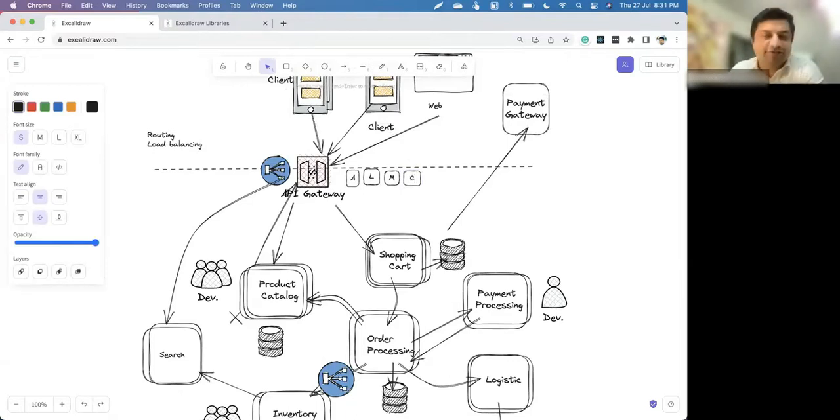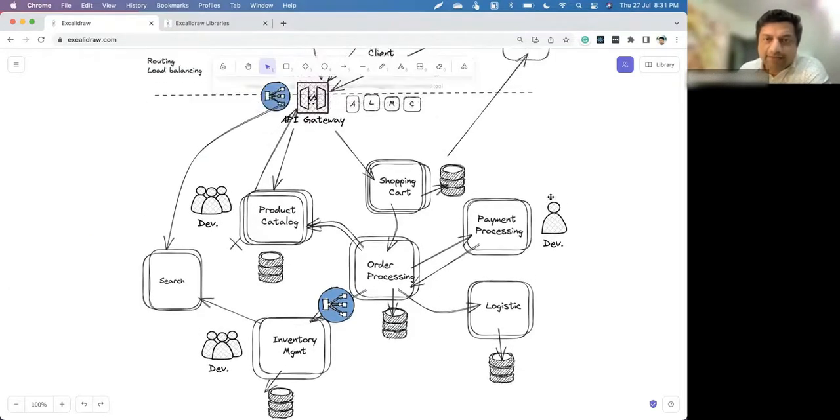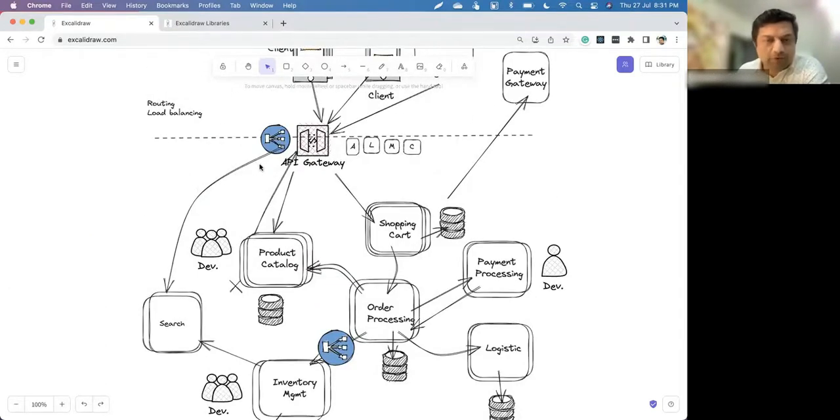With the API gateway, you also get load balancing. You get to know about various services. The API gateway is aware of all the services and can redirect to all of them.